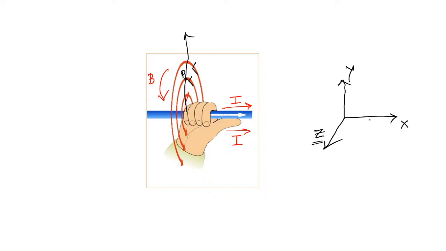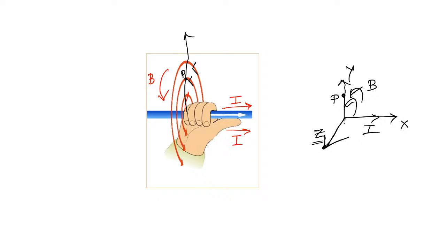If this is the direction of current, this is the direction of our magnetic field B, that is along positive z axis. At this point P, the direction of B, that is magnetic field, would be along positive z axis.